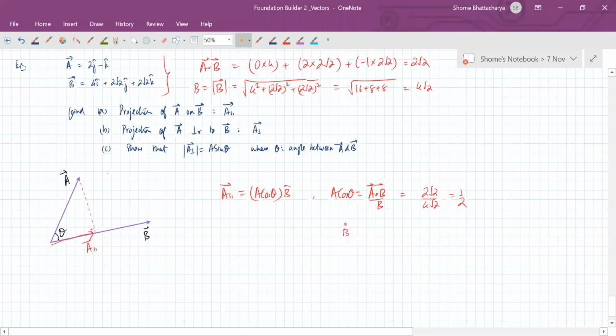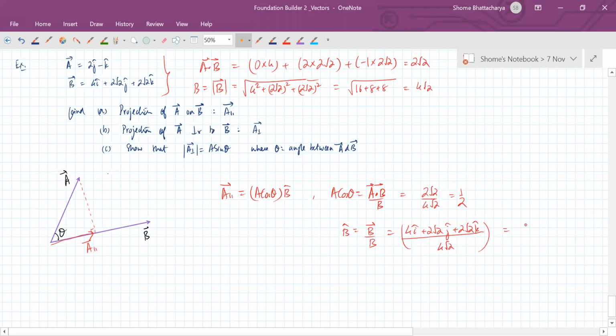And B cap is nothing but vector B divided by its magnitude. So vector B is 4 i cap plus 2 root 2 j cap plus 2 root 2 k cap divided by its magnitude. Now its magnitude we just saw is 4 root 2. So we can write this as, we can take 2 common from this and cancel with this.